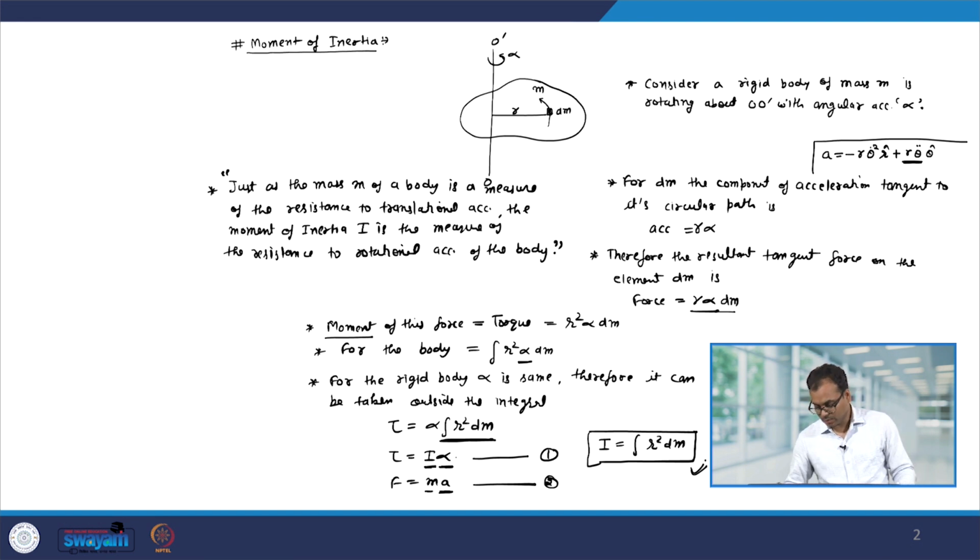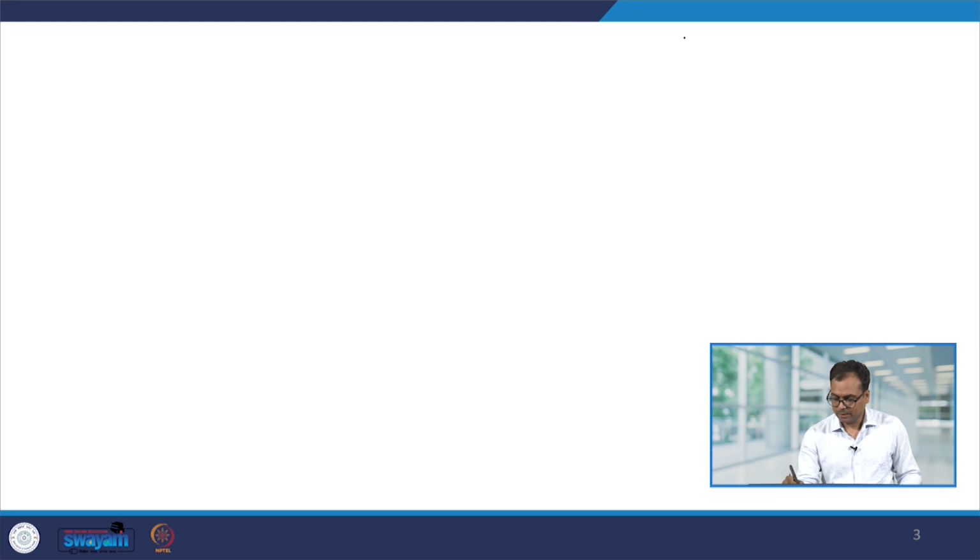Let us look at moment of inertia I. Let us say I have a rigid body, and this rigid body has a mass m, and it is rotating about O prime.